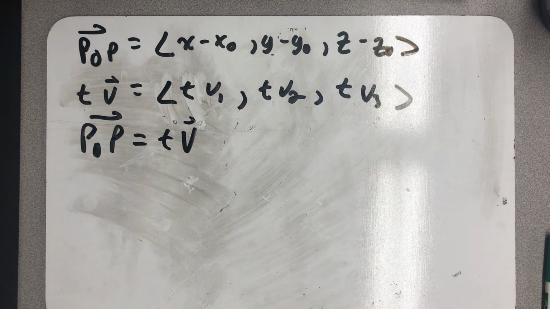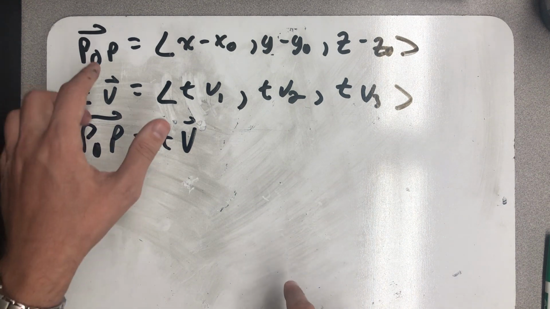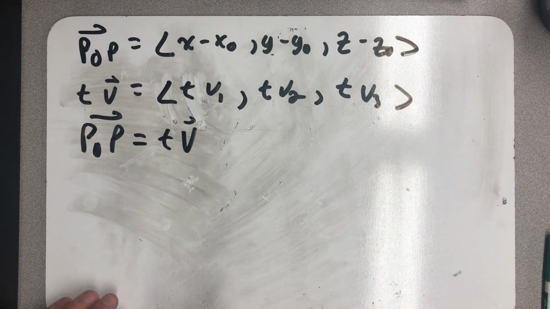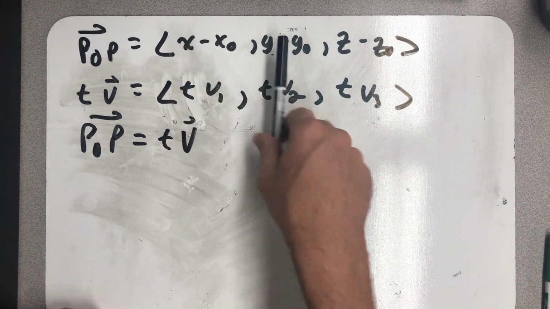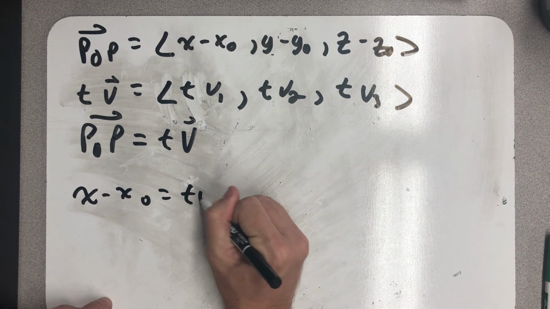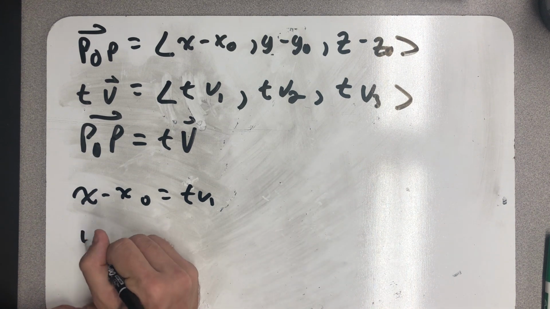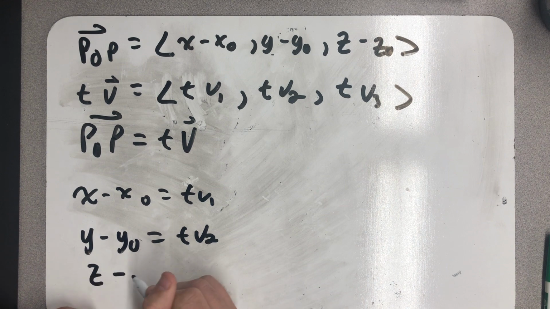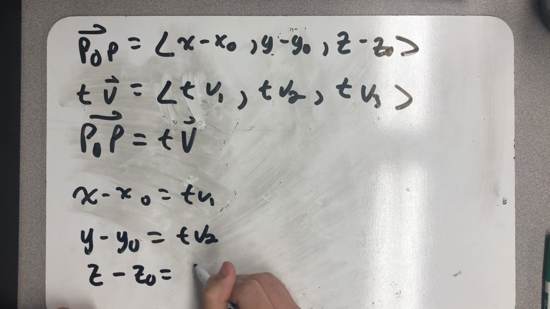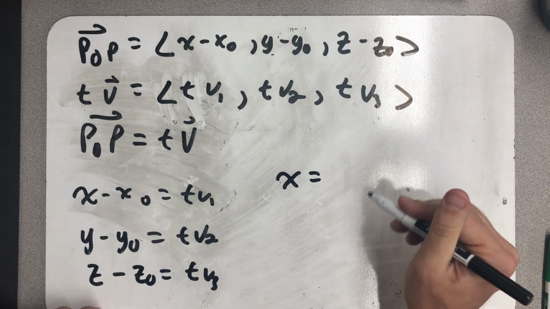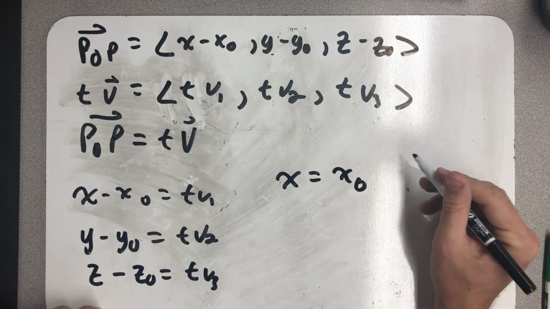And the bigger claim was that P was any point on that line. So for any point P on that line, there is a number t that makes this equation work. For these vectors to be equal, their components have to be equal. So x minus x naught has to equal tv1. y minus y naught has to equal tv2, and z minus z naught has to equal tv3. Getting x, y, and z by themselves yields these equations.